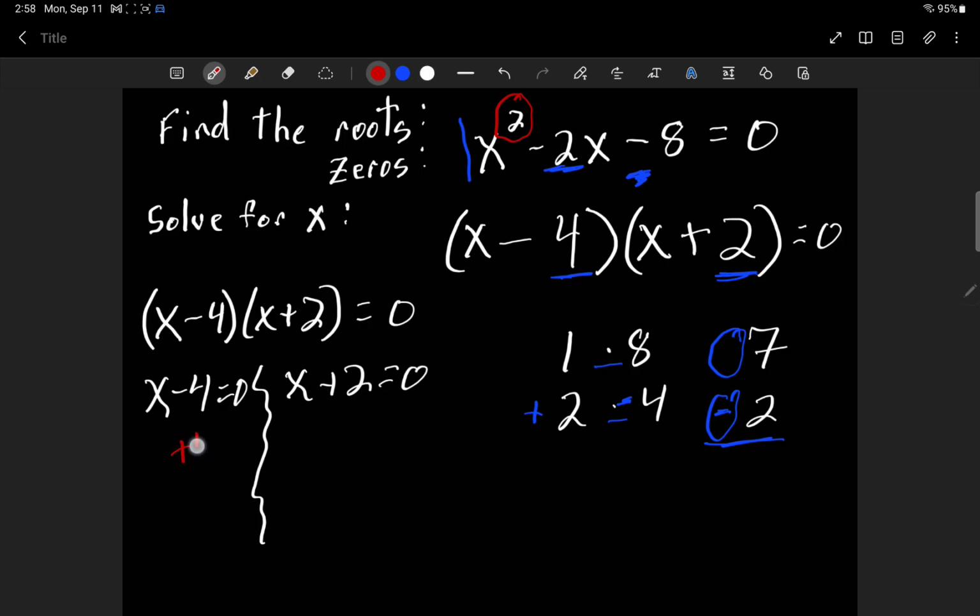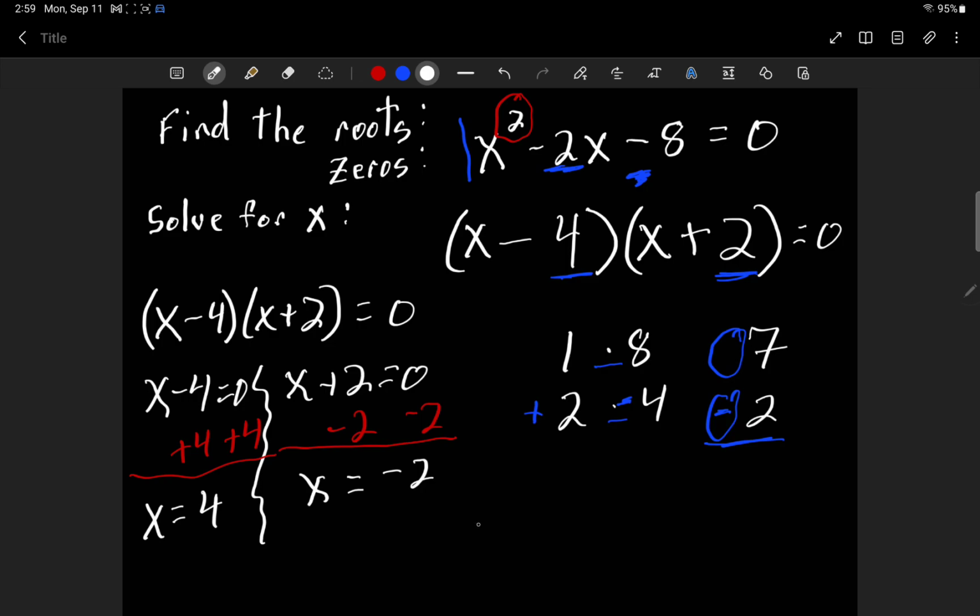And we add 4 to both sides here. I get that x equals 4. Do the same thing over here. I'm going to subtract 2, and I get x equals negative 2.